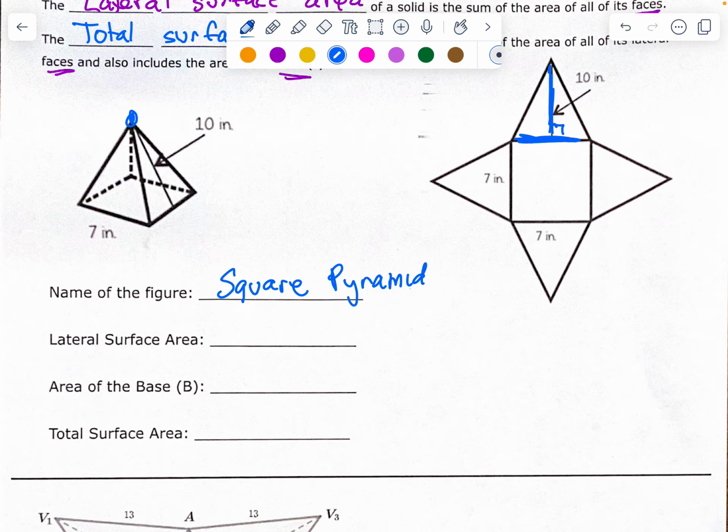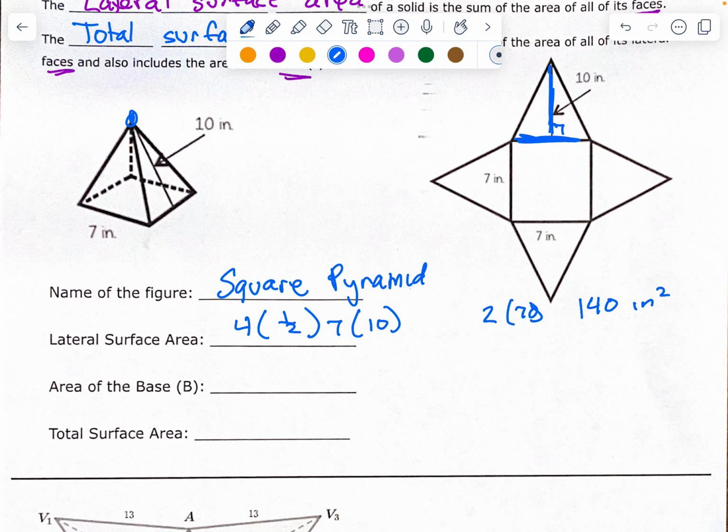And I am going to say lateral surface area is 4 of them, and that's half times 7 times 10. So doing the math, it would be 2 times 70, which would be 140 inches squared.